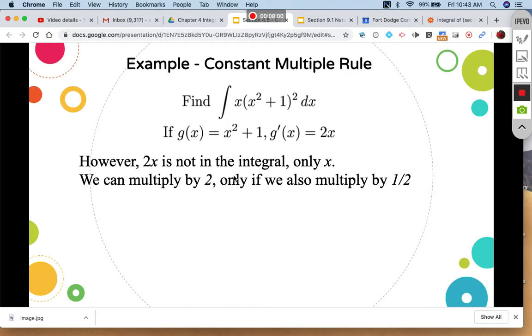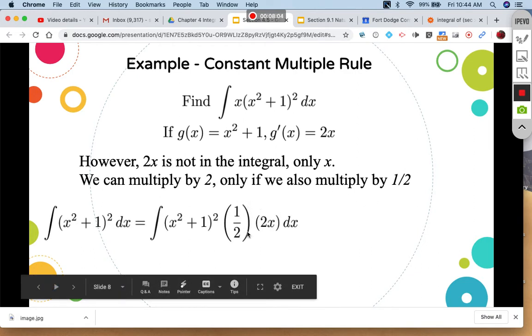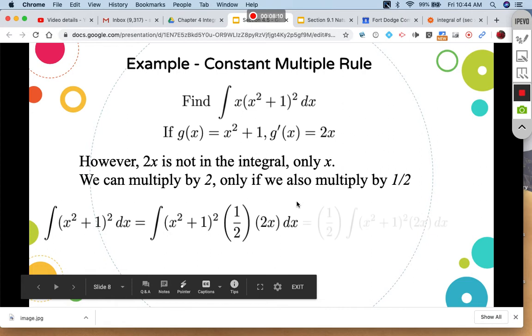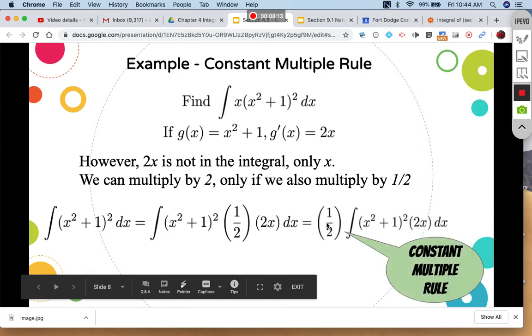So I can multiply in a 2 if I multiply in a half as well, because 1/2 times 2 is 1. I haven't changed it, but now I have this 2 in here, and I can use the constant multiple rule to pull that 1/2 out. So I can take half of the integral of x squared plus 1 squared times 2x dx.